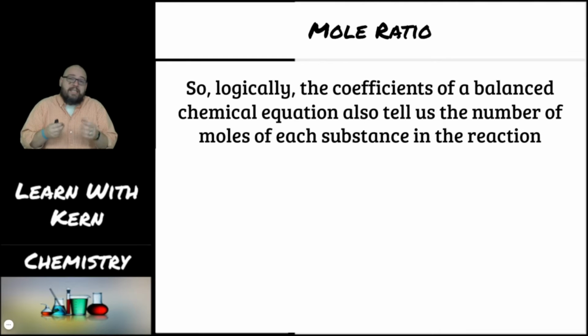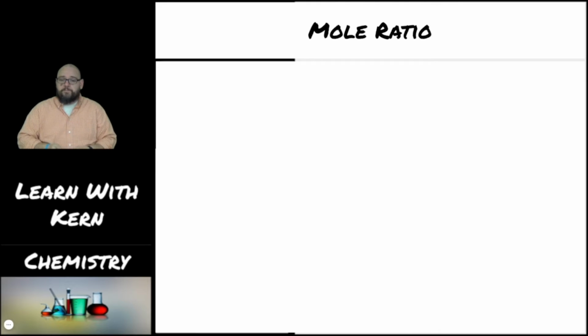So logically, the coefficients of the balanced chemical equation also tell us the number of moles of each substance we have, which is great because it's really hard to measure 1 single atom of something, but it's really easy to measure 1 mole of something. We simply measure its molar mass.